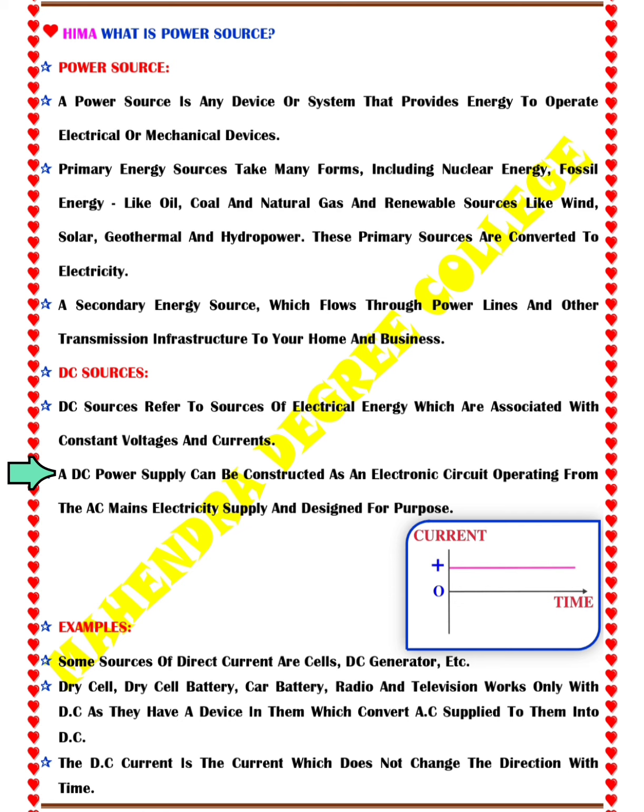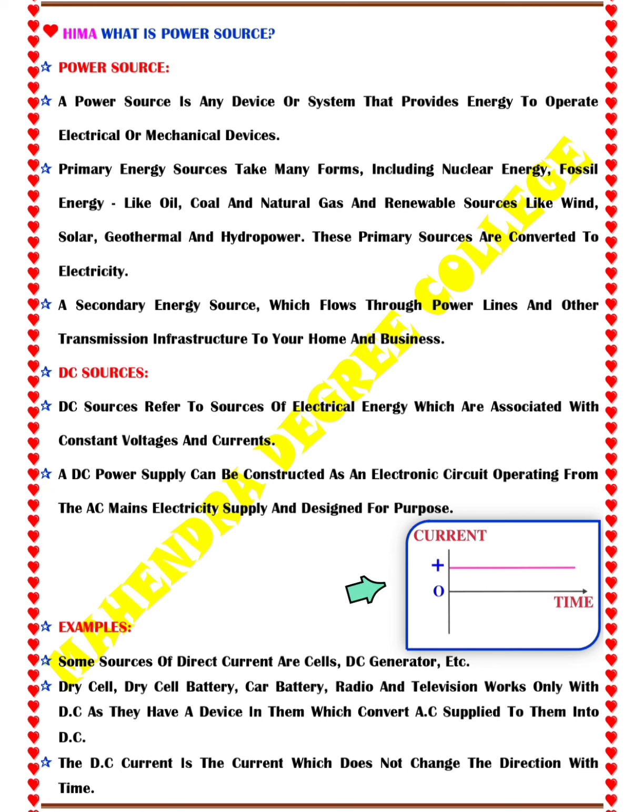This means the voltage and current ratings are matched to the needs of the device being powered. In simple terms, a DC power supply uses AC electricity from the wall, runs it through a special circuit, and gives out DC electricity tailored for a specific job.